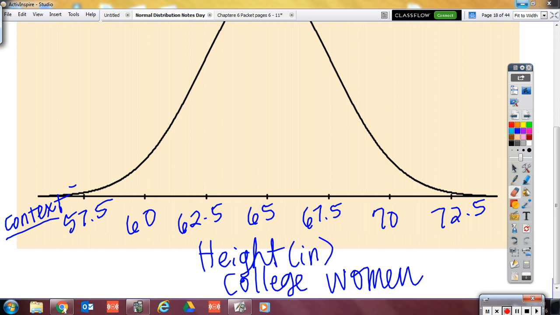Okay, so I labeled what is in this picture. So I put that it's the height in inches of college women. Okay, moving on.